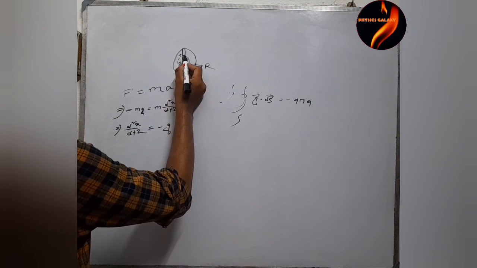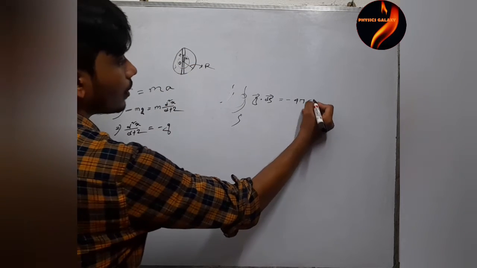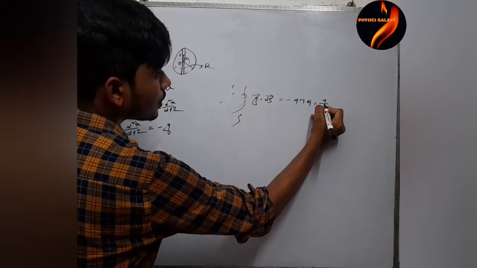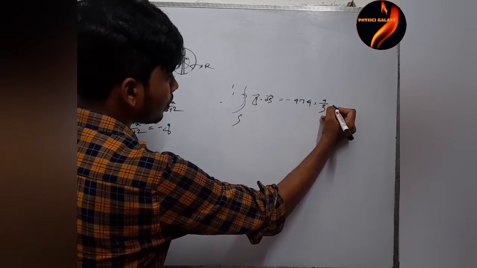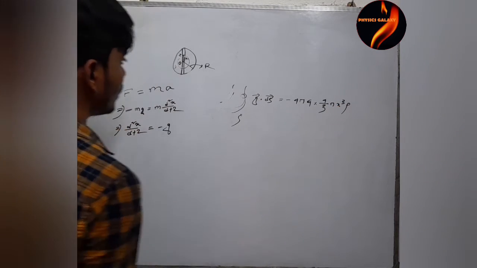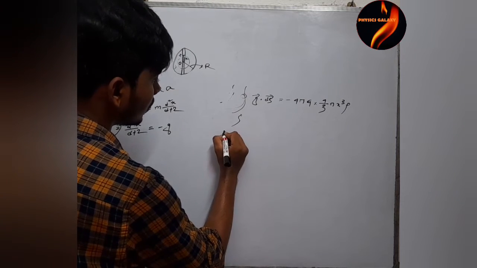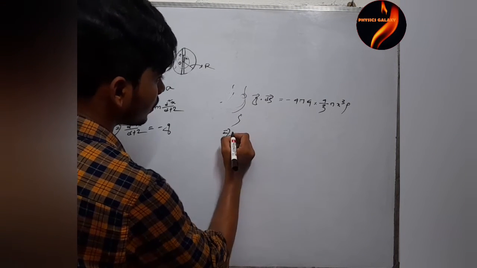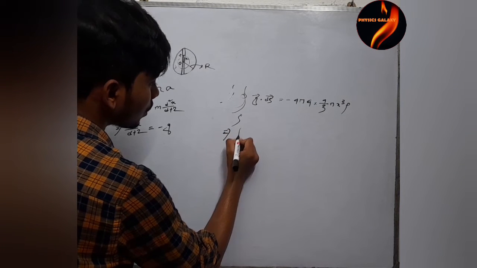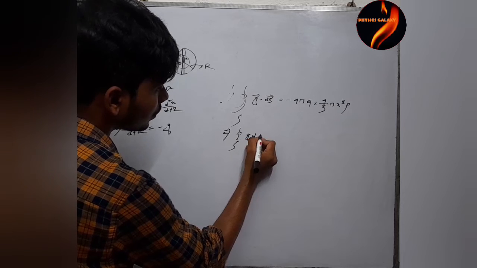g dot ds should be equal to minus 4 pi G into the mass enclosed within this Gaussian surface S, and it should be equal to 4 by 3 pi x cube into rho. Rho is the density of the earth. If we solve it, we get the closed surface integral of g dot ds.